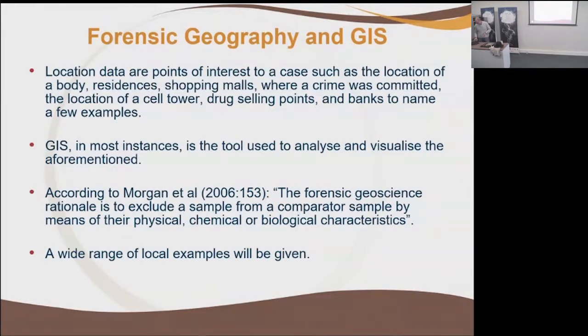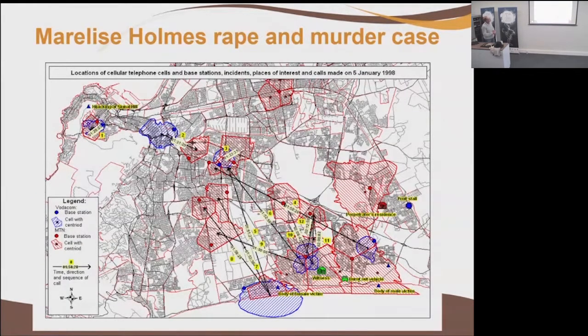The first example that I was involved with, my first case that I worked with the police, was in 1998. The murder and kidnap happened in early January 1998, and the kidnap took place here at Signal Hill.